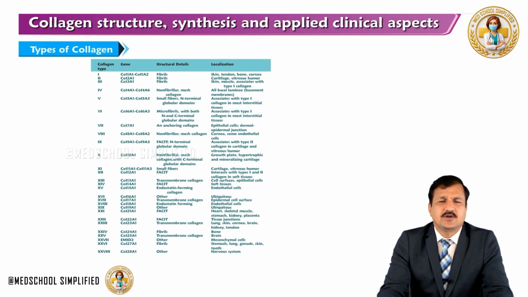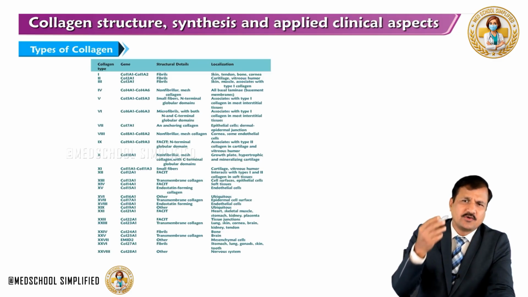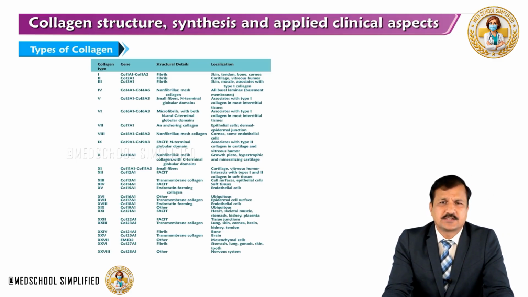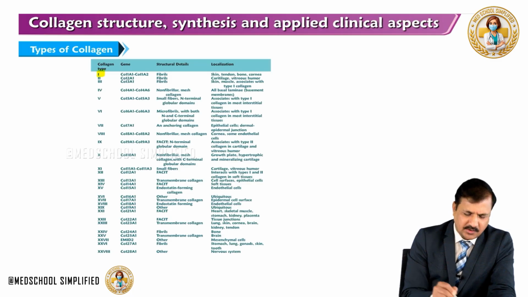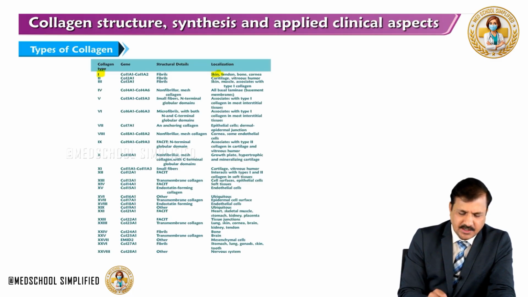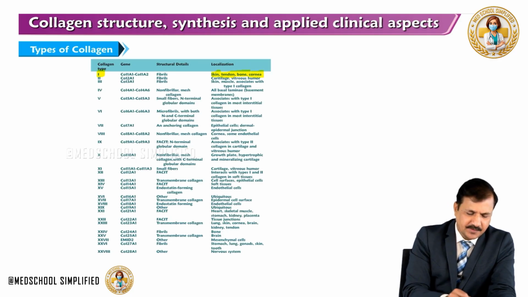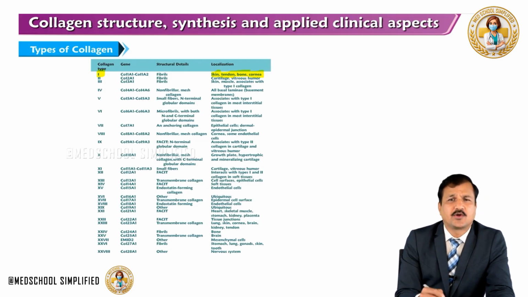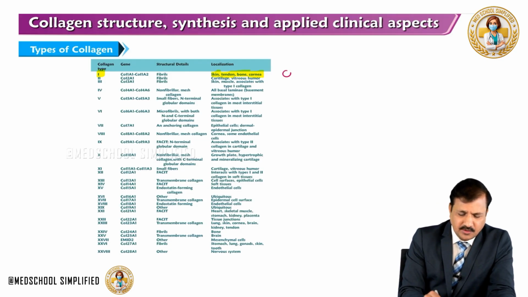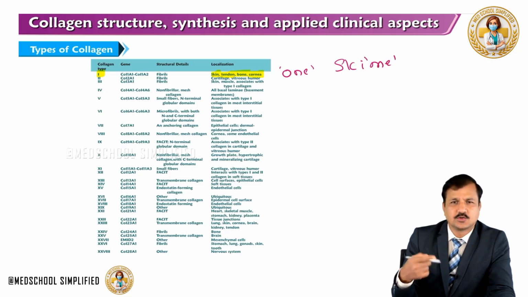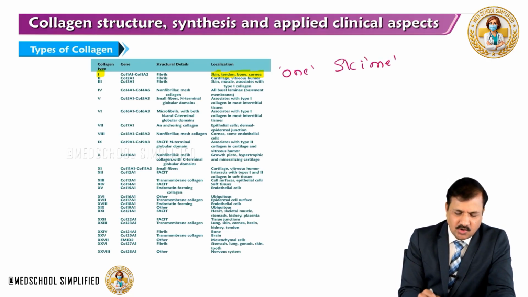Otherwise, let's go over the locations of a few collagen types. Type 1 collagen is found in skin, tendon, bone and cornea. As a general mnemonic to remember the location of type 1 collagen, look for the one in all these tissues: write skin as skin, tendon as tendon, there is a 1 there.